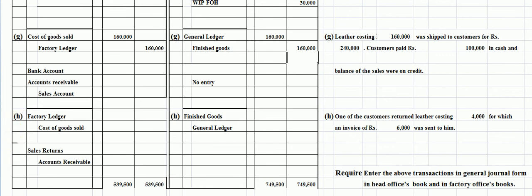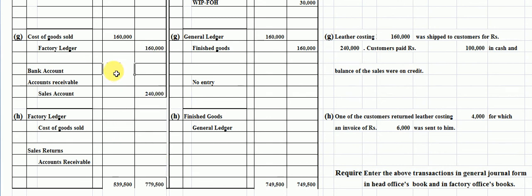Now, one of the customers paid 1 lakh rupees in cash and the balance of sales was on credit. Students, the next entry is the sales account, 2,40,000 rupees is the sale.